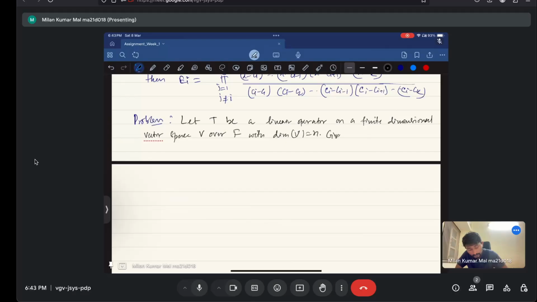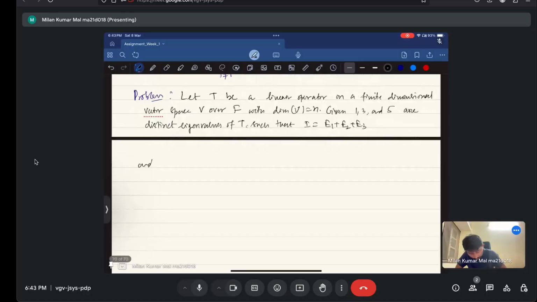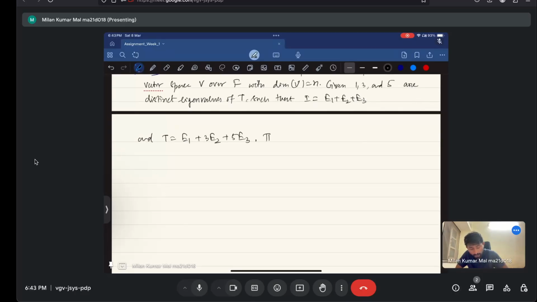Given that 1, 3 and 5 are distinct eigenvalues of T such that I is equal to E1 plus E2 plus E3 and T is equal to E1 plus 3E2 plus 5E3, then which of the following statements is correct?